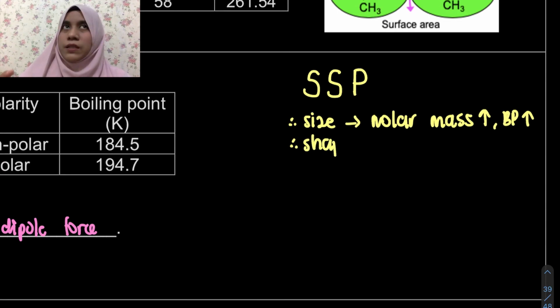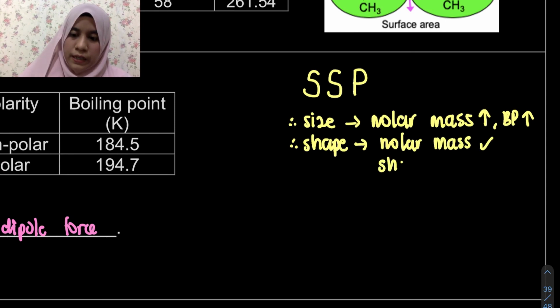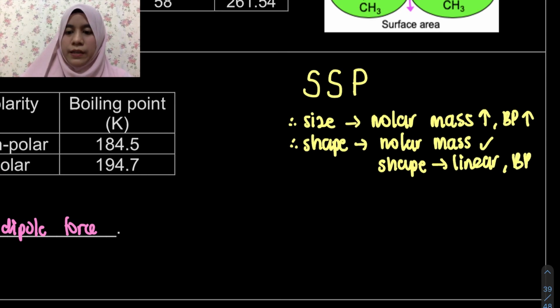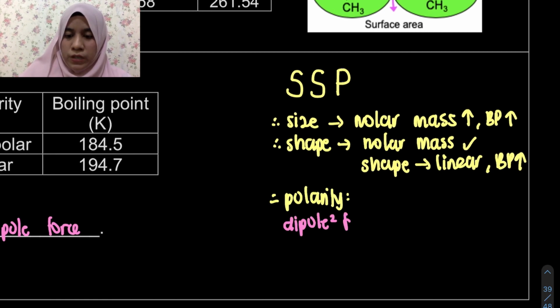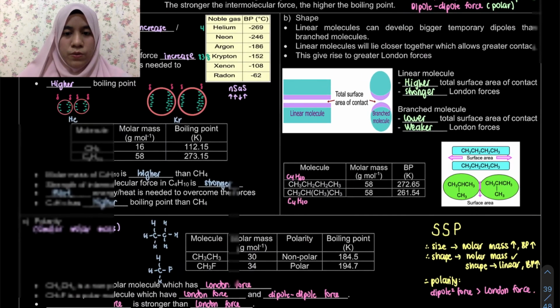Okay, kalau shape ni, kita tengok molar mass dia is the same. Kita nak yang linear. So, kalau linear, barulah boiling point tinggi. And then, in terms of polarity, dipole force stronger than our London force. So, no worries kat sini.